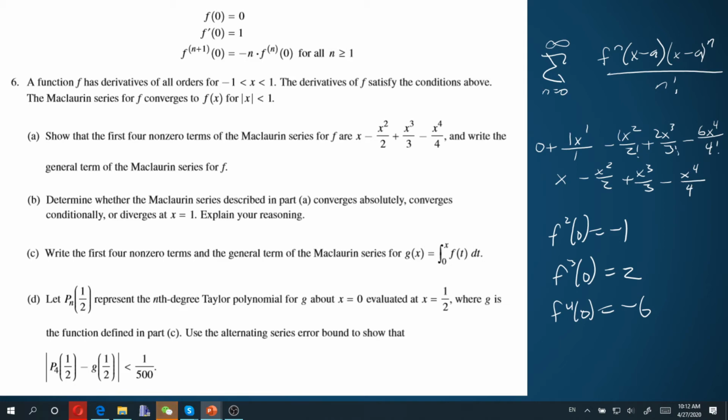Alright, what's the general term of the series? So if this kept going. Wait, I can't erase that, can I? Oops. So it's just simple. n-1, n plus 1 power.